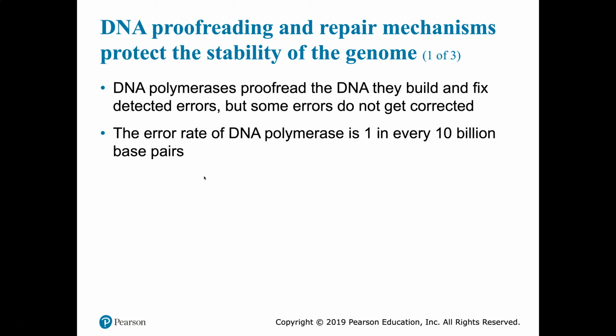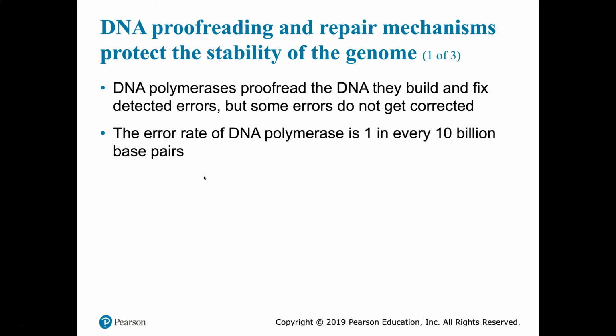Polymerase, 1 in every 10 billion nucleotides or base pairs, there's an error. That is extremely rare. For humans, 10 billion's not a lot. We have a very large genome. But for bacteria, 10 billion base pairs, that's pretty high. Especially when you consider some pathogens or some bacteria even just have 500, 700 genes total.